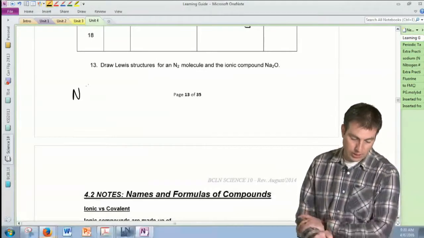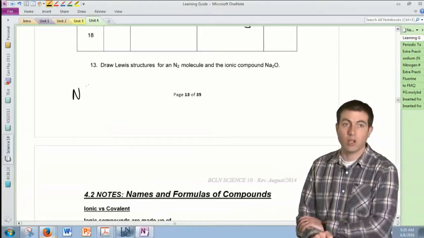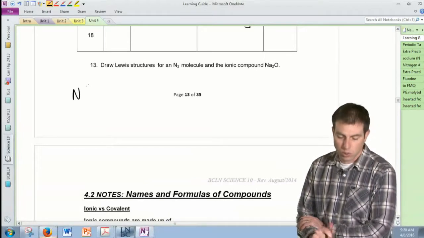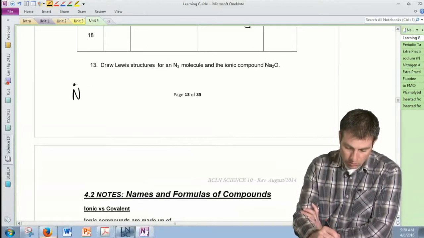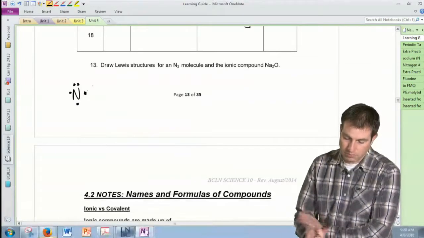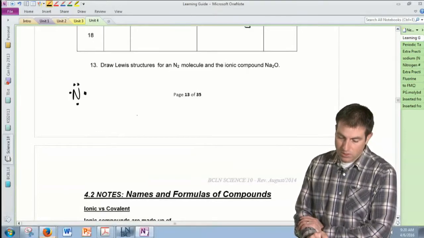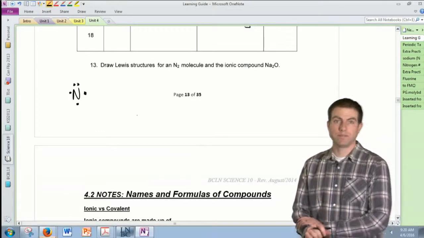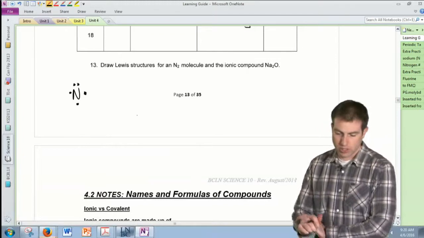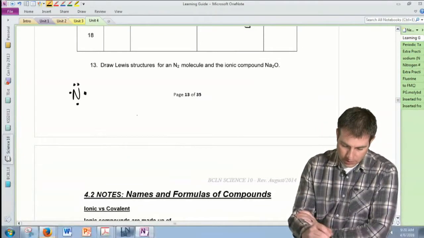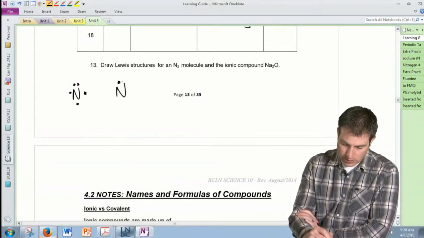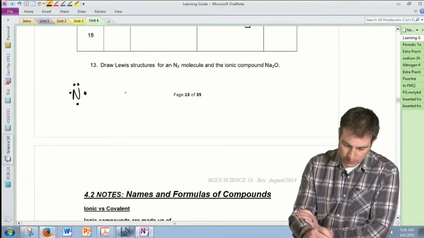Nitrogen is in the 15th column of the periodic table, so with its Lewis structure, it'll have 1, 2, 3, 4, 5. Now, this says N2, so we're going to draw another nitrogen here as well, and it's going to have 1, 2, 3, 4, 5.